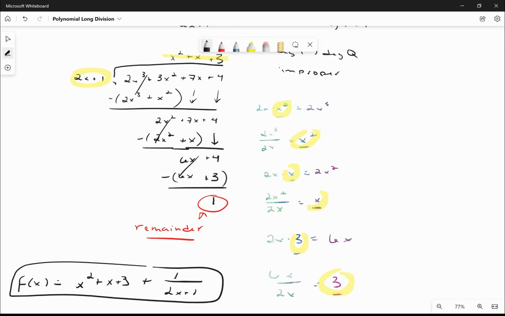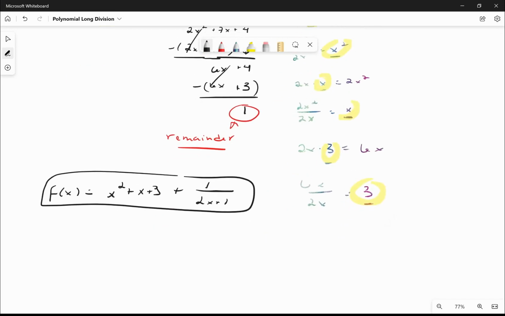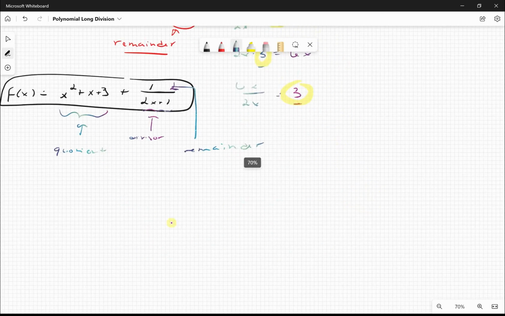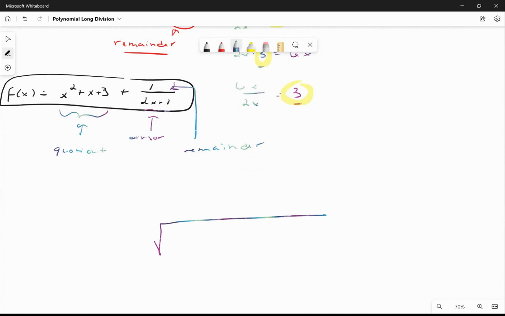Right. So this is our quotient, right? This is our remainder on top, and this here is the divisor. Right, so in general, when we have long division, this thing here is the dividend.